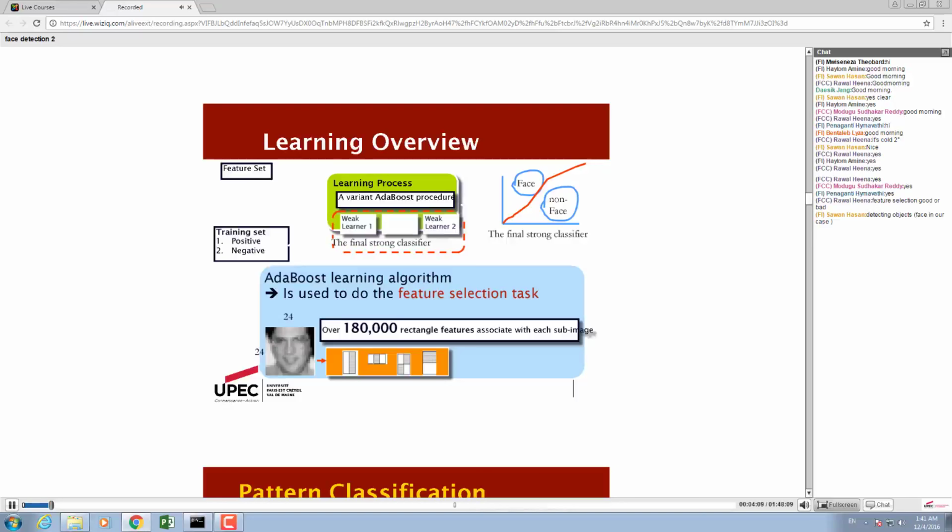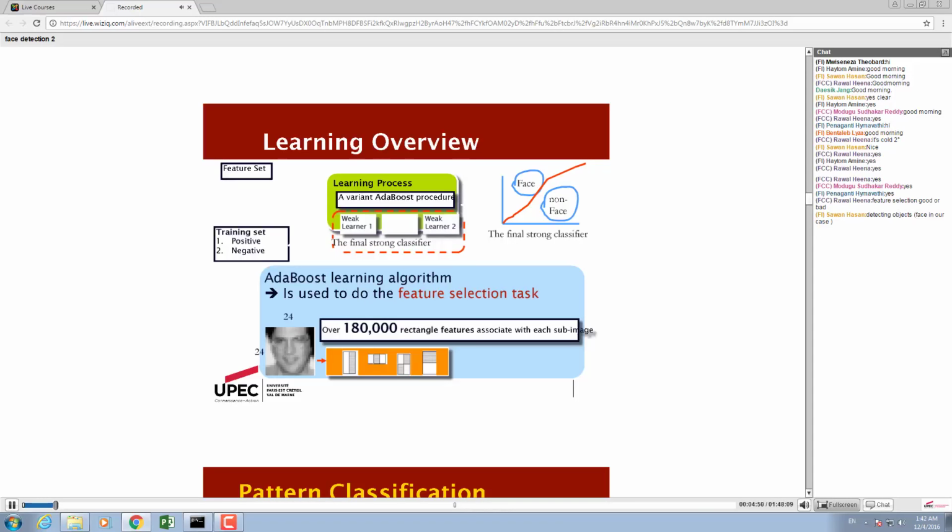So again, the feature set is now ready, a very huge feature set. And the training set means the training images, training samples. It is composed of positive and negative samples. Here positive means face, negative means non-face samples. Then through this learning process, what we want to do is to select good features.